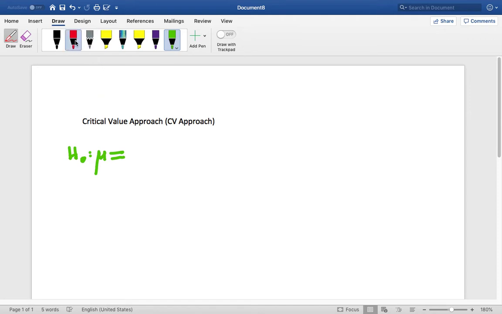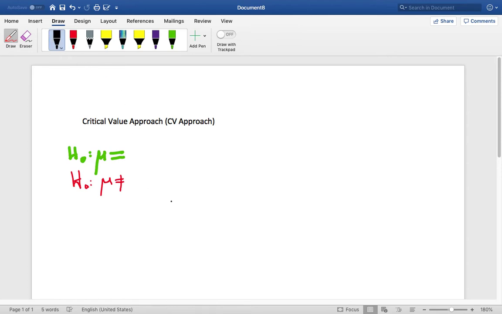The alternative hypothesis that goes with that would be H1, and it would be the exact opposite. The alternative hypothesis would be the mean does not equal that same value. So if it's 4 here, it would be 4 here. That would be the same value that would slot into there.